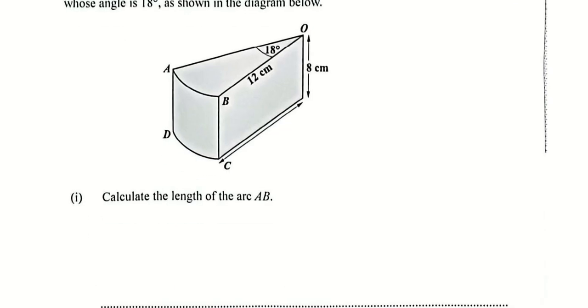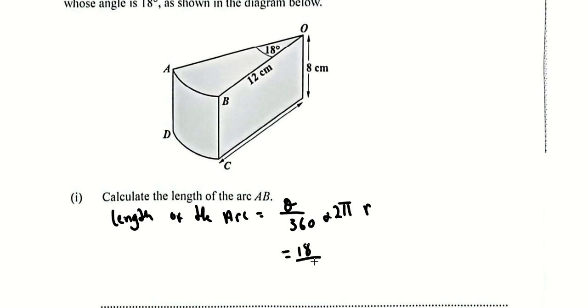So, length of an arc, formula for length of an arc is equals to theta over 360 multiplied by 2 pi r. What is pi? 18 over 360 multiplied by 2 multiplied by 22 over 7 multiplied by radius, which is 12.